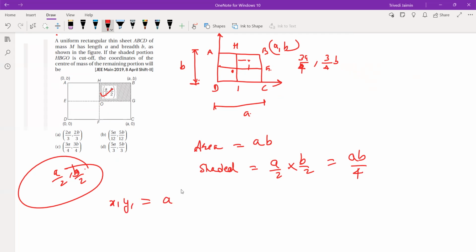That is, let's take this as A by 2, B by 2. No, x is what? A by 2 only, right? B by 2. Correct. Then x2, y2. Let this be center for shaded part. So that's what we got as 3A by 4, 3B by 4.